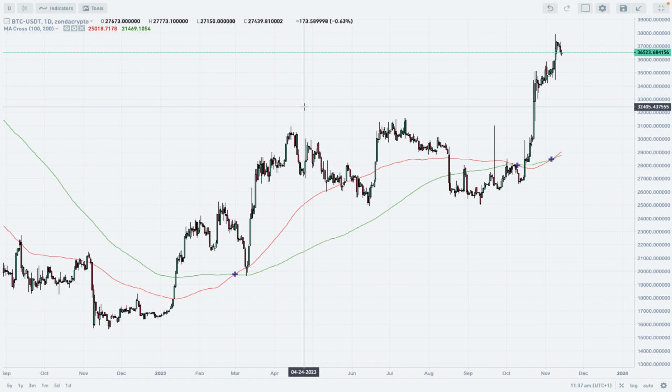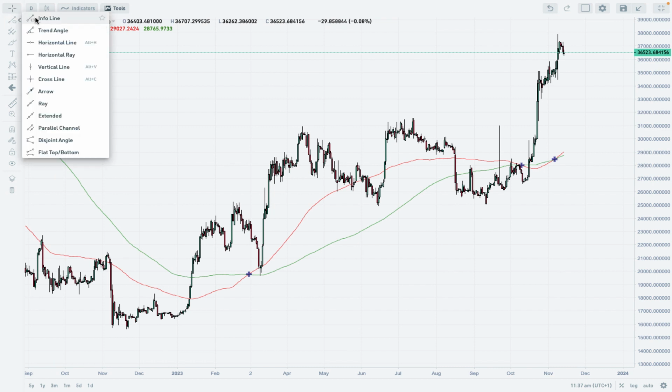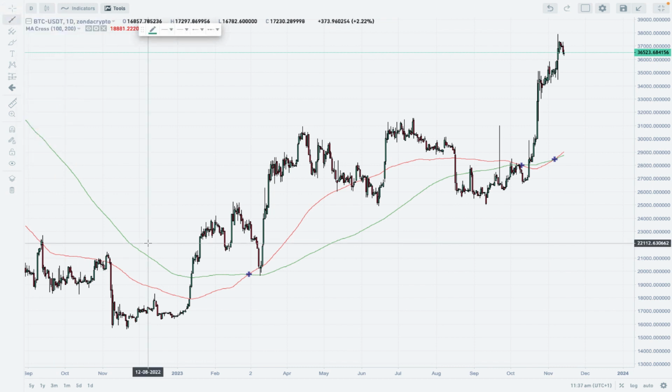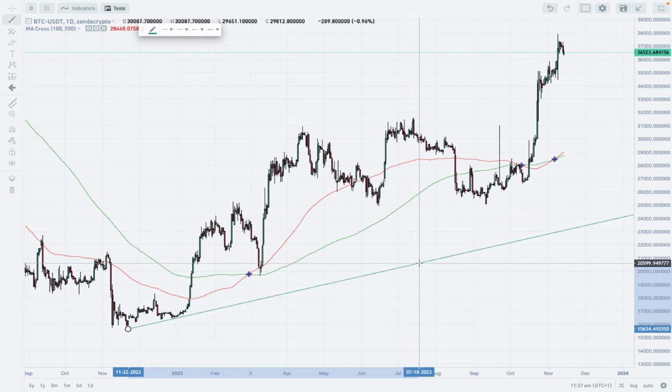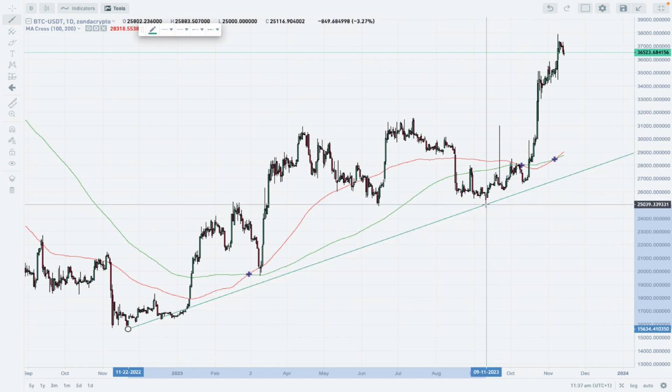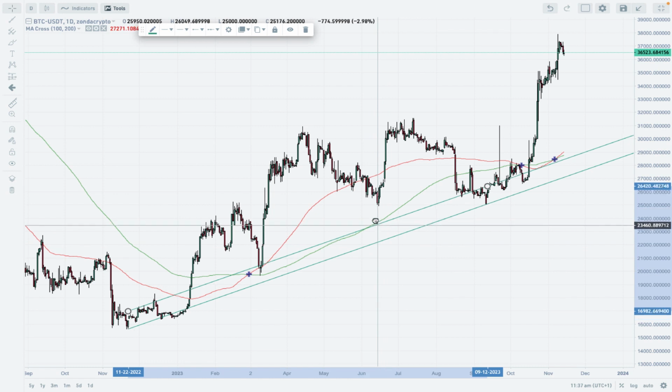Then of course we can take a look at the trend lines. If we take the trend line here, we will use the ray, for example, from the lows of 2022. We can see that we are pretty far away from that trend line. If we apply this trend line to the newest data and to the recent low here, and double this line, maybe we should create some kind of a channel.